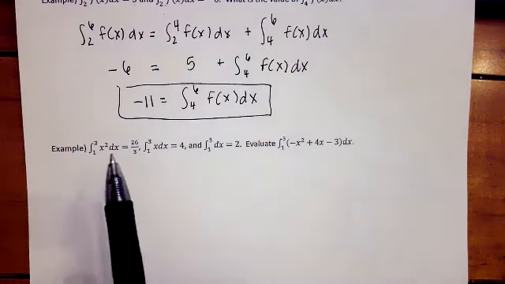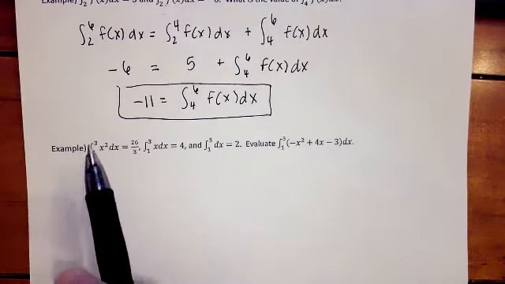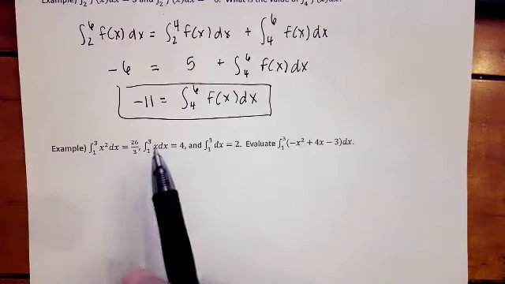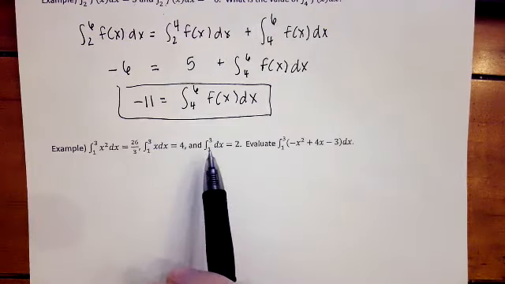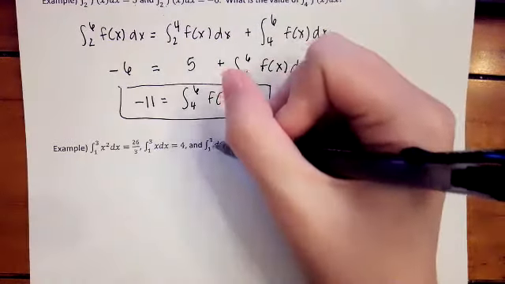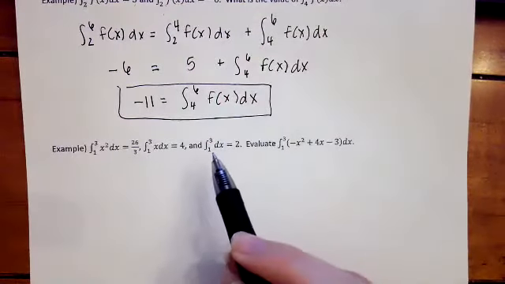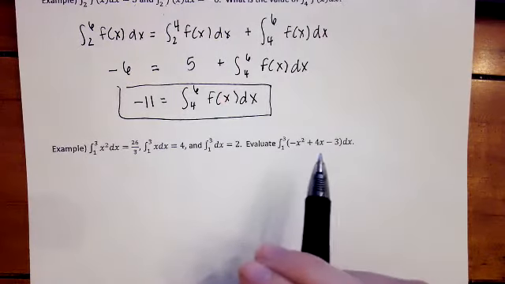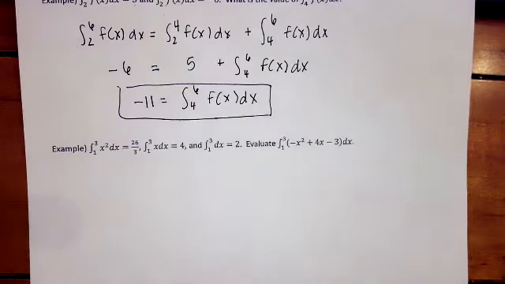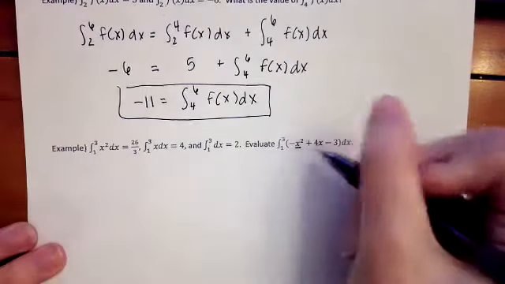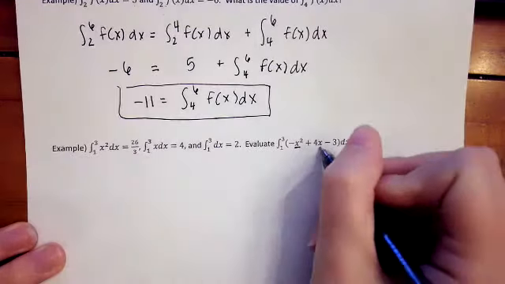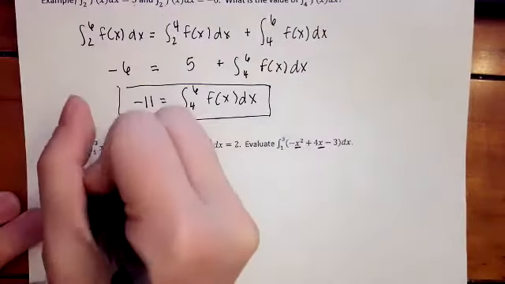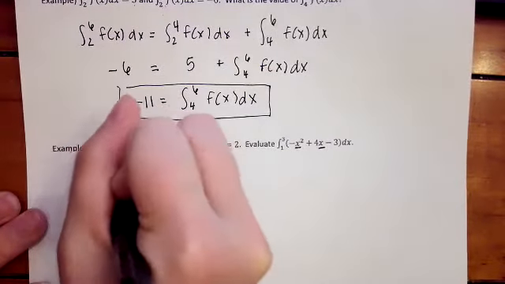Down here, we're given the integral from 1 to 3 of x squared is 26 over 3. Integral of x from 1 to 3 is 4. Integral of really just 1 dx, okay, there's an understood 1 in there, from 1 to 3 is 2. And we're asked to evaluate this, okay? So I know what the integral of x squared is. I know what the integral of x is. I know what the integral of 1 is. So I can take and break this into separate integrals.